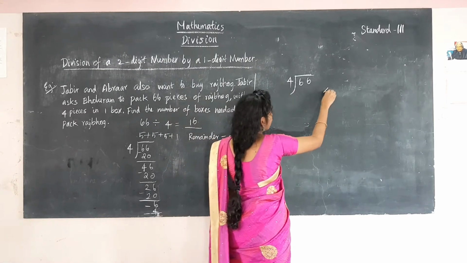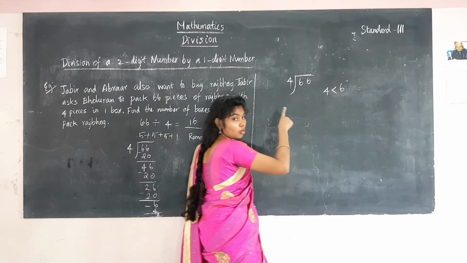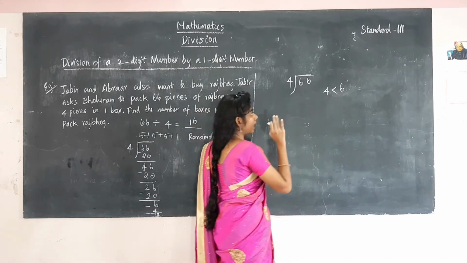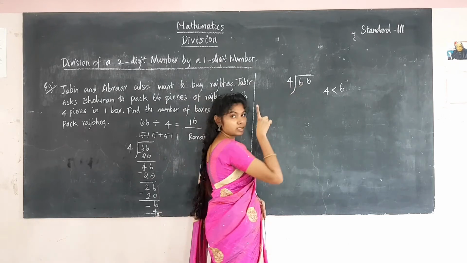Here 4 is less than the number 6, right? So you can take the tens place alone at first.